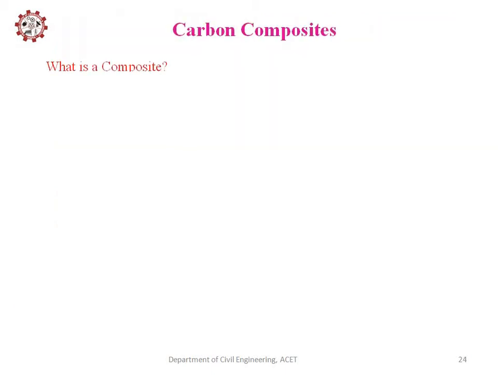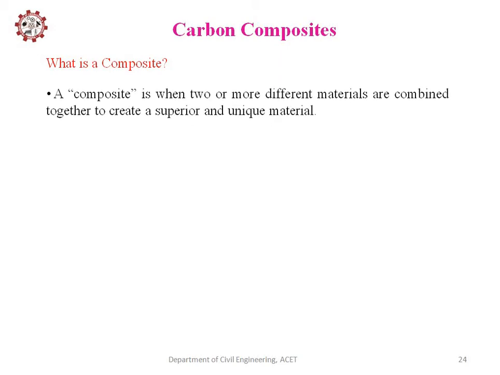Next is your carbon composites. What is a composite? A composite is when two or more different materials are combined together to create a superior and unique material. When two or more materials are mixed together, those are known as composite materials.